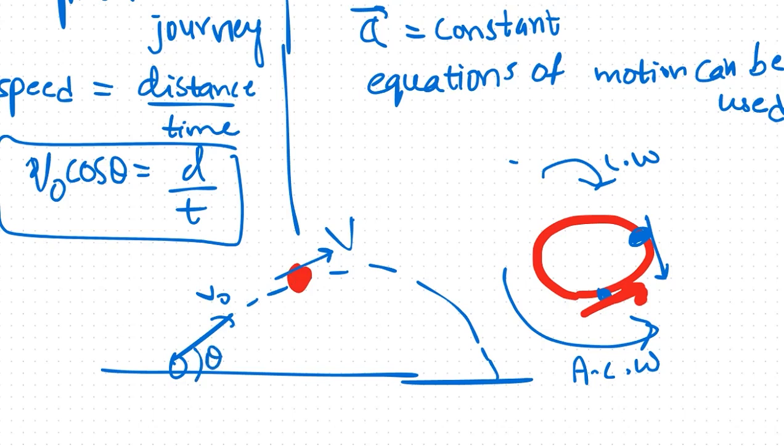This angle was theta, but obviously this inclination may not be theta, right? Horizontally, this angle may not be theta. So let's say we call that angle theta dash, or some alpha or beta. Let's say beta.